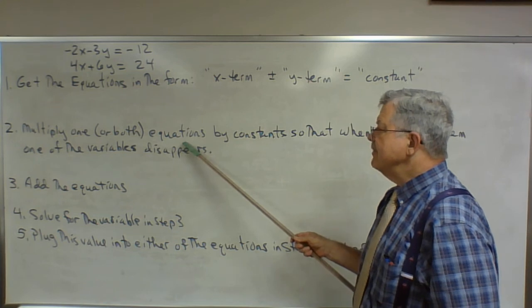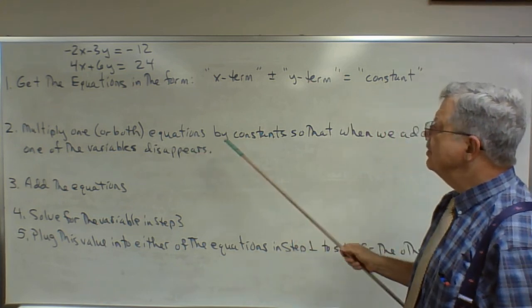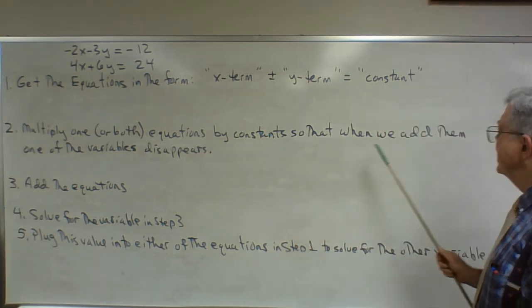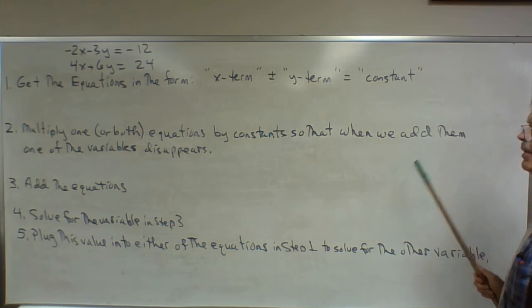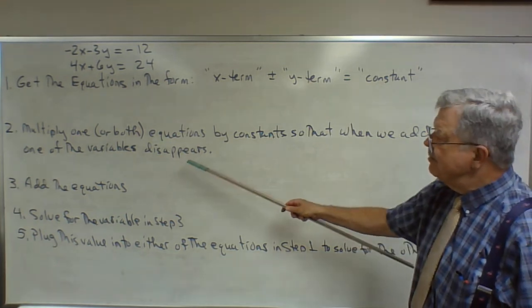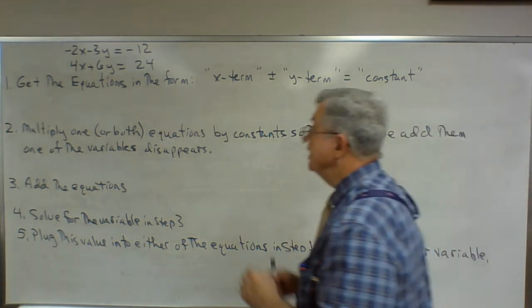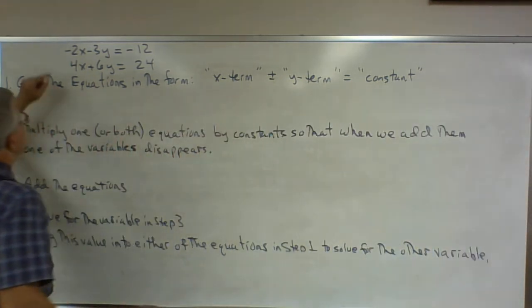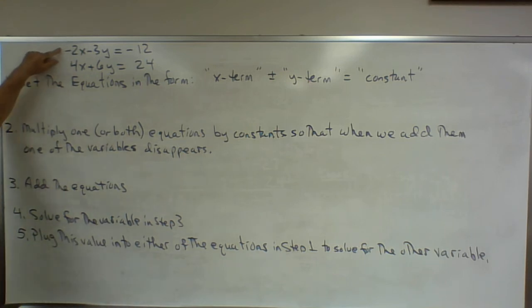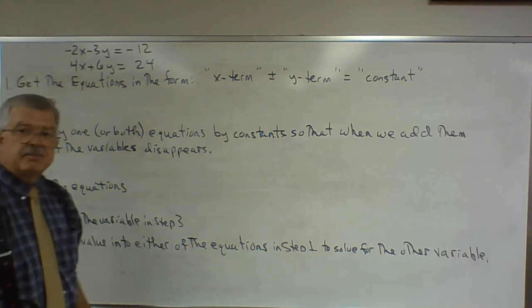Next step, multiply one or both equations by constants so that when we add them, one of the variables disappears. Now here's what I'm thinking. If I multiply the top equation by 2, I'll have negative 4x, and when I add that to 4x, the x's will disappear.